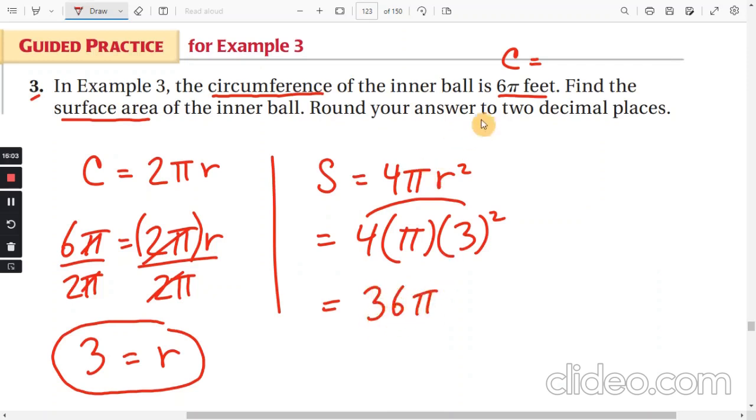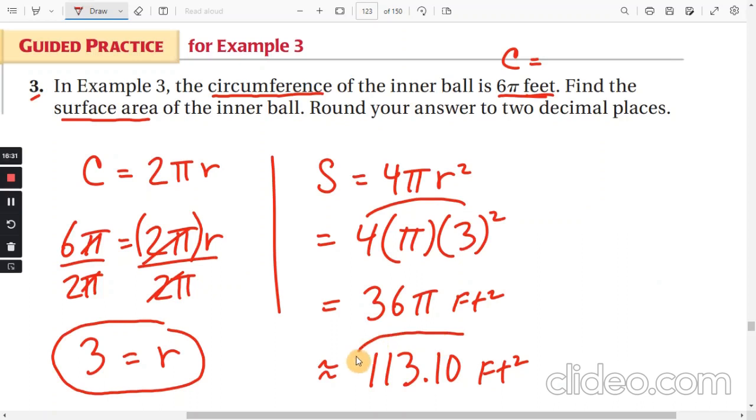The original units were in feet, but for surface area, they get squared, so that's feet squared. And they said to round off to 2 decimal places. So if I did 36 pi, I get 113.10. And that's in feet squared. Final answer.